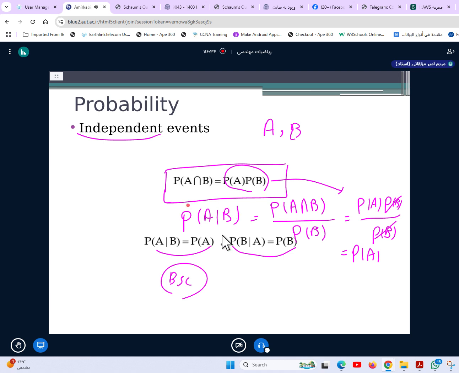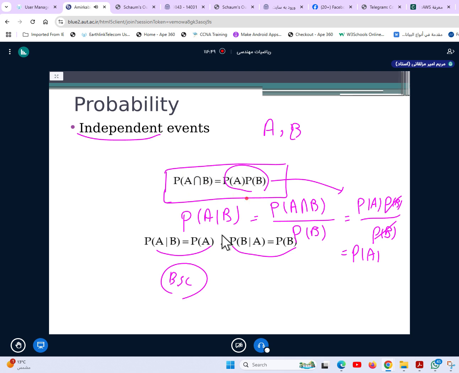Yes, you can use this formula. This is the definition of two independent events. A and B are two independent events if we have this formula for them.